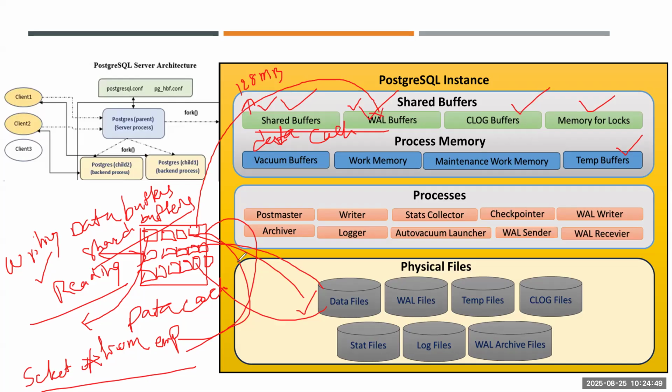WAL buffers are nothing but the log cache. WAL stands for write ahead logging.